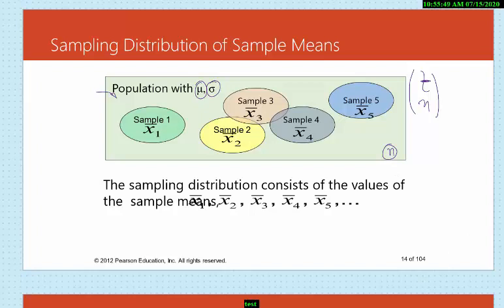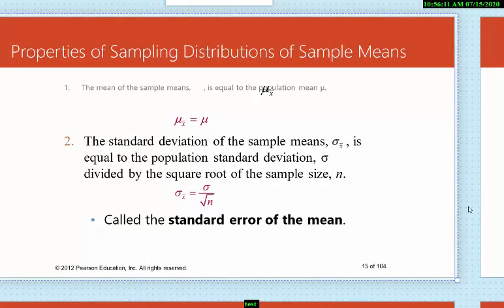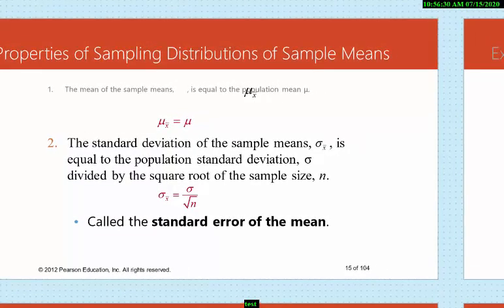Now, after you do that, you consider what? You consider the sampling means, the sampling mean for each one of these samples. So we are saying that the mean of the samples is mu x bar. What is this? The mean of all the samples. The central limit theorem tells us that the mean of all those samples is equal to the mean of the population.